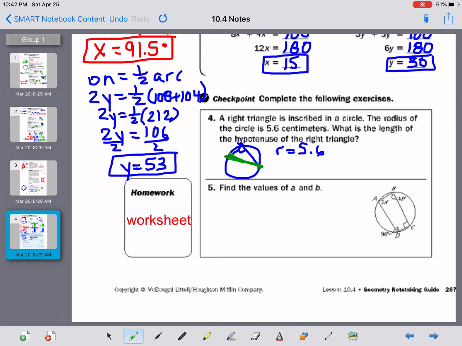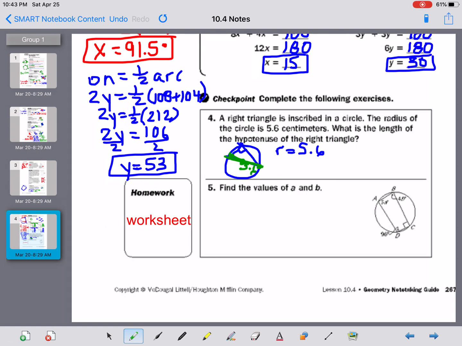They gave me the radius of the circle, but I want the hypotenuse of the triangle, so it's 2 different shapes. Don't forget the rule we learned on the last page. If you have a right triangle inscribed inside of a circle, that hypotenuse has to be the diameter. With that rule, we can take this radius of 5.6, put it here on this side, and we know that this side's also 5.6.